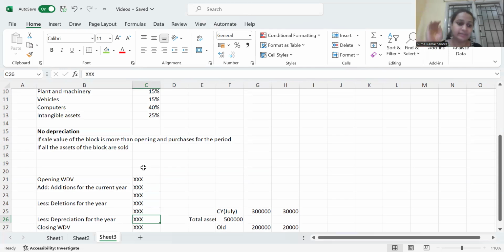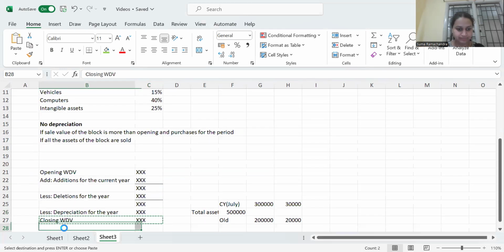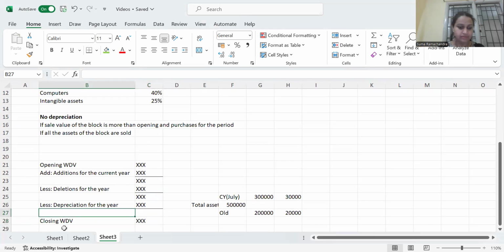What is that additional benefit? In addition to the depreciation that they've told here, I have one more concept called less: additional depreciation. This additional depreciation will always be at the rate of 20%. This amount I'm going to reduce. After reducing this amount, whatever value I get will be called closing WDV.